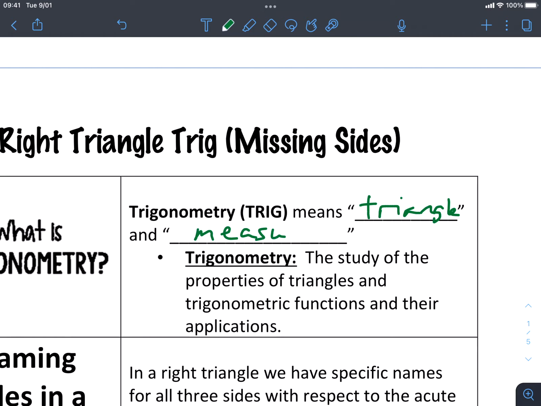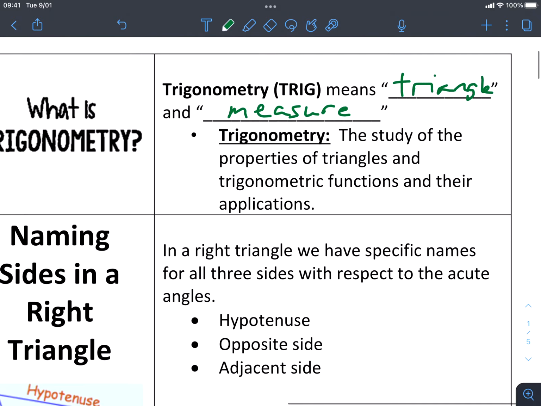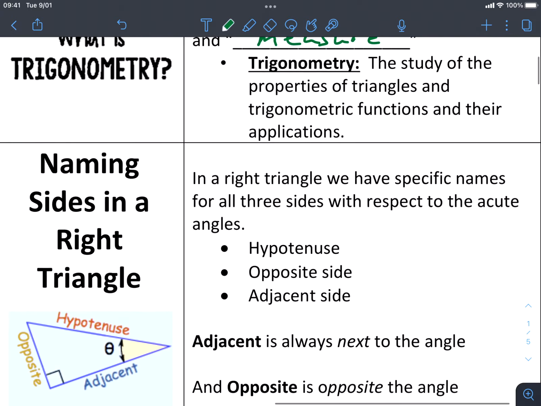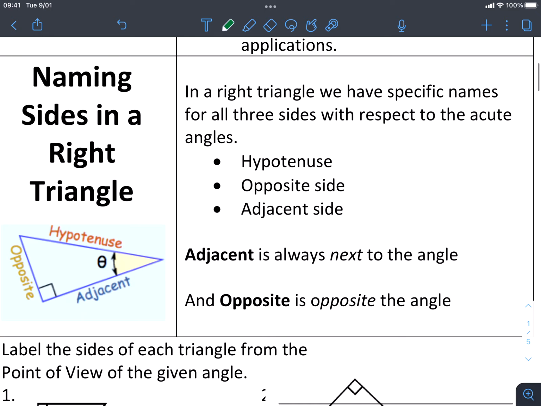We are finding the measures of the specific parts of the triangle, whether it be the angles or the sides. So first we need to name the parts of the triangles a certain way in order for us to use them in our trig functions.